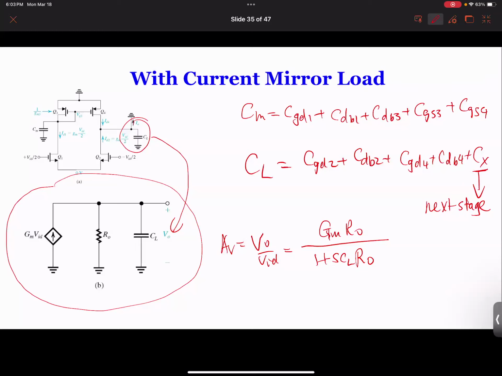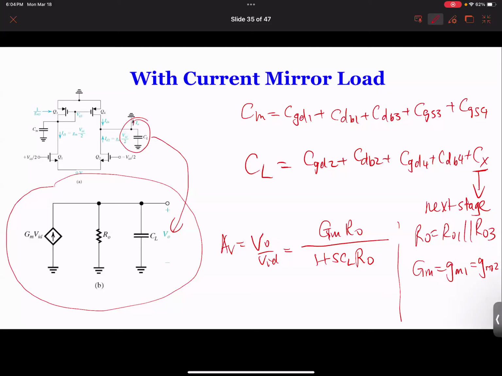This RO is the internal resistance for Q1 and Q3. So we can write RO as RO1 in parallel with RO3, and this GM is equal to GM1, equal to GM2, okay? So we got that equation.